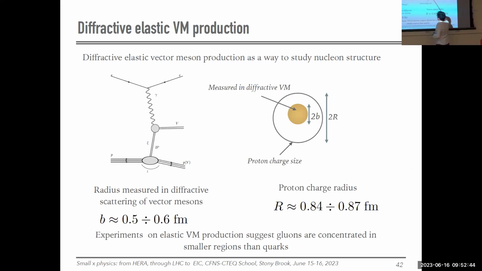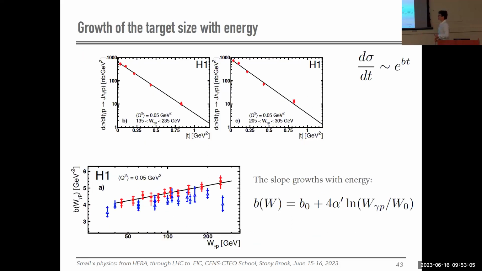What is measured in diffractive vector meson production is actually different from the proton charge radius. The proton charge radius is this value, and this is about 0.5, 0.6. So it seems like these gluons are more localized in a smaller region than quarks.